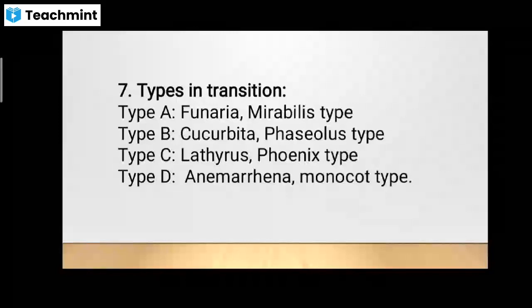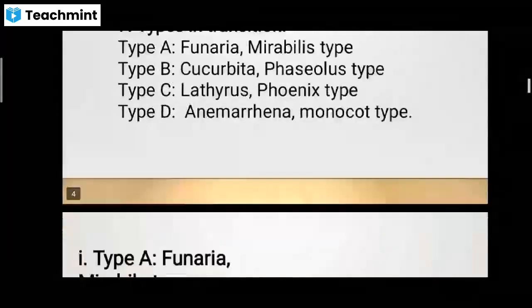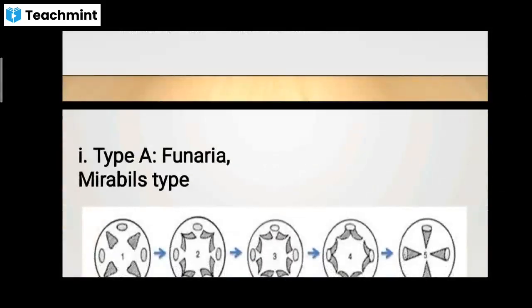Then type D is Anermarina, which is also called the monocot type. In most of these monocot plants, type D root stem transition is observed. So let's discuss these types of root stem transition one by one.